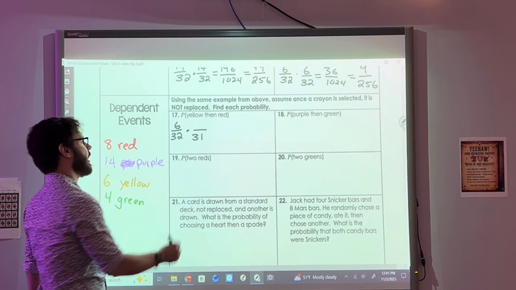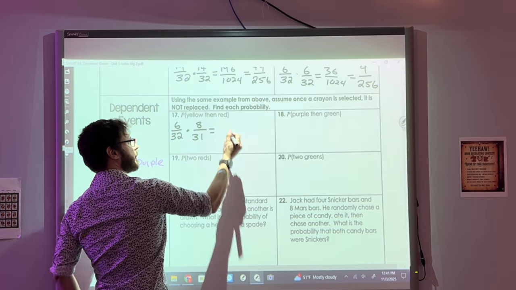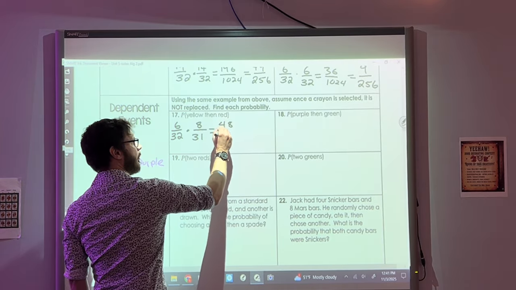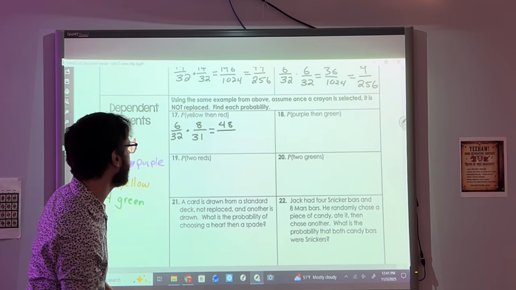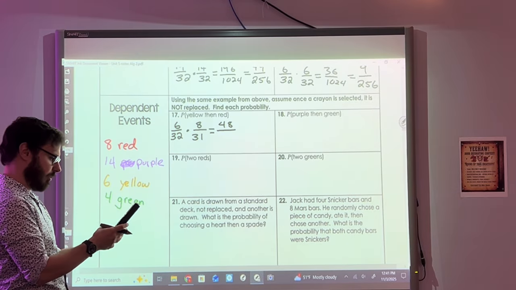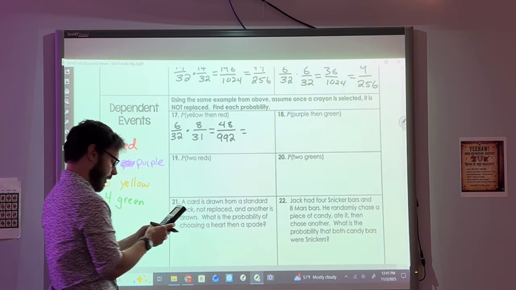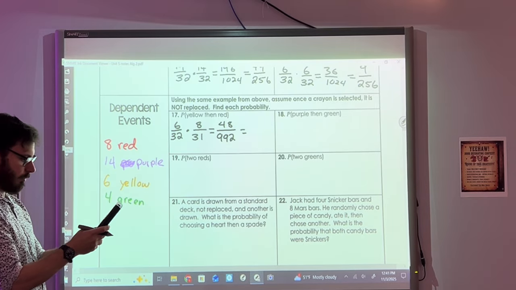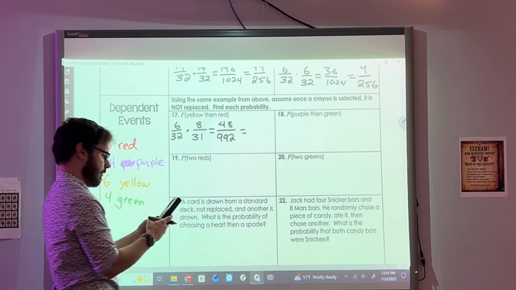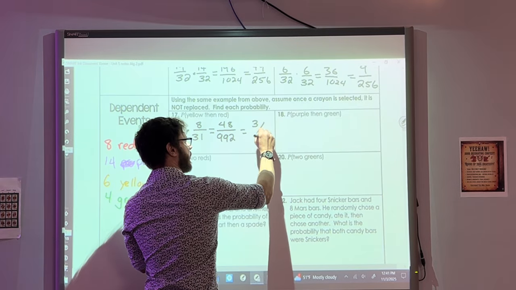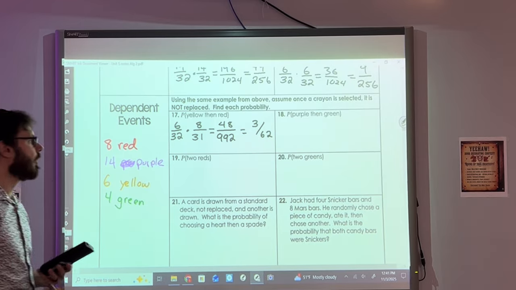Then red, there are 8. So 48 over, now I don't remember what that is, 32 times 31, 992. Reduce that if you can. 3 out of 62.